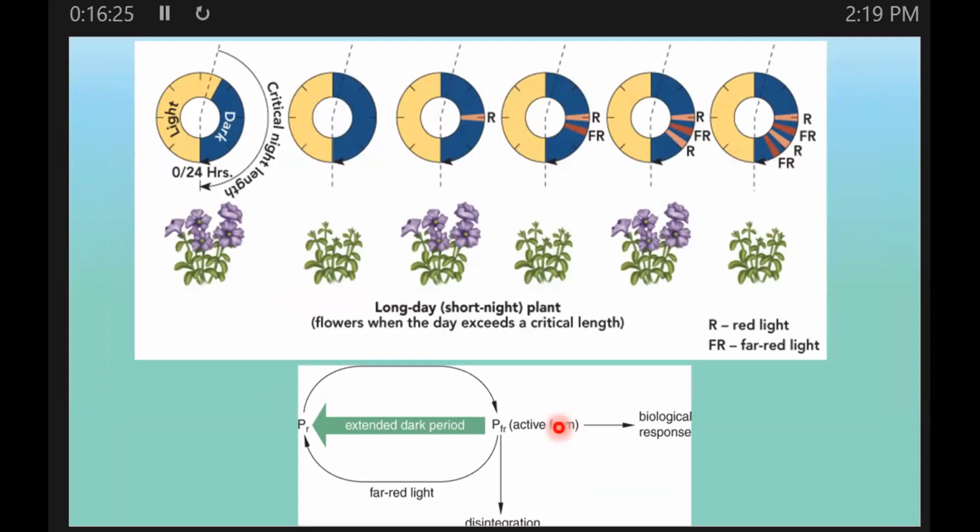So if you keep this experiment going, let's look at this third donut here. Here, if you just look at that, you'd say, okay, this is a long day plant. The light didn't make it past the critical time period. So based on that, it should not flower. But what the scientists did was they came in the middle of the night and they hit the plant with some red light.